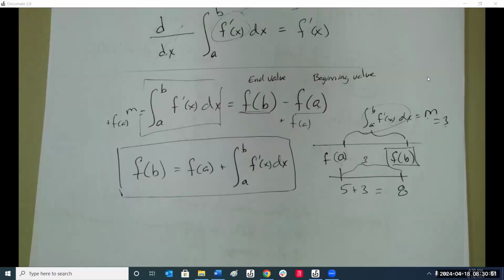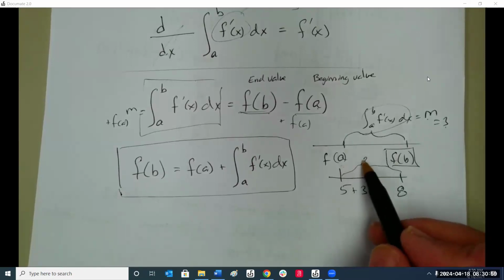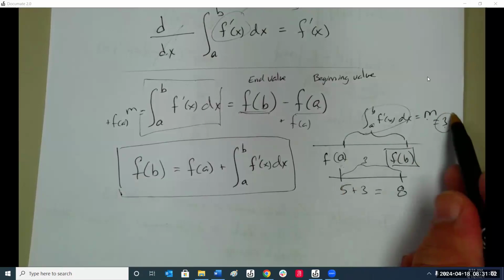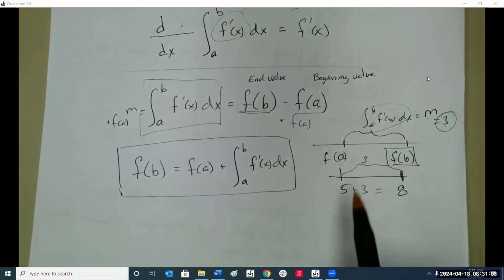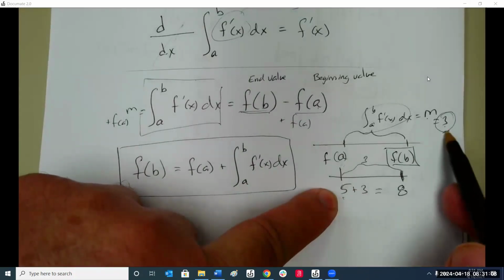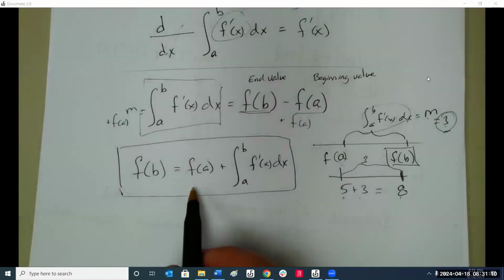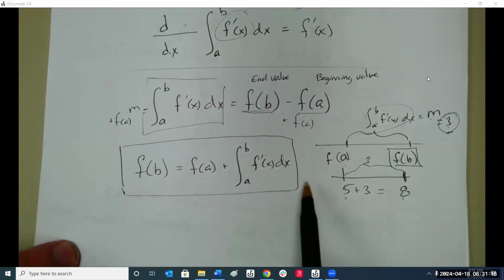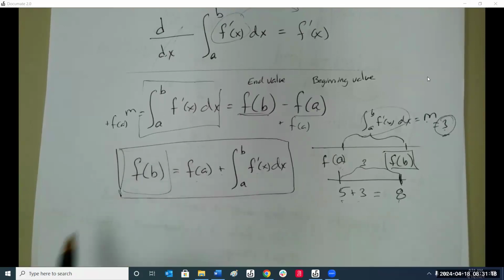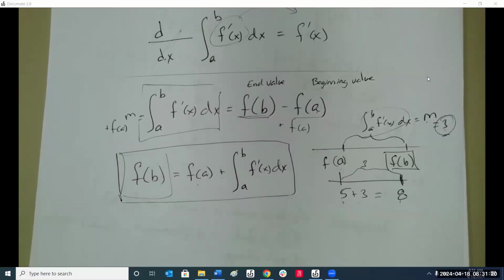Not the slope, but some number m. It's the distance between the two. If I'm saying that f of a is 5 and my m is 3, then what's my f of b value? I start off at 5, I add 3, so 5 plus 3 equals 8. So with this equation, we can find the end term that we're looking for.